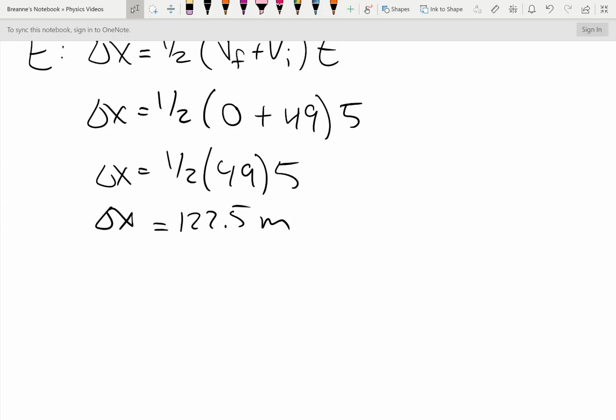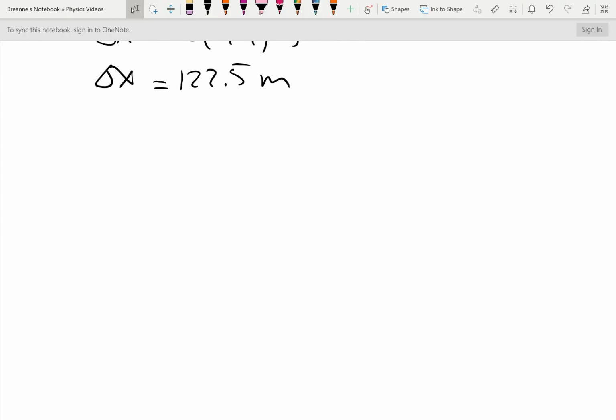So now we're getting into graphs. We talked a little bit about graphs, so now we're getting into a little bit more graphs. So 18 says draw a position time graph, velocity time graph, and acceleration time graph of each of the following. So we're just going to go across like this.